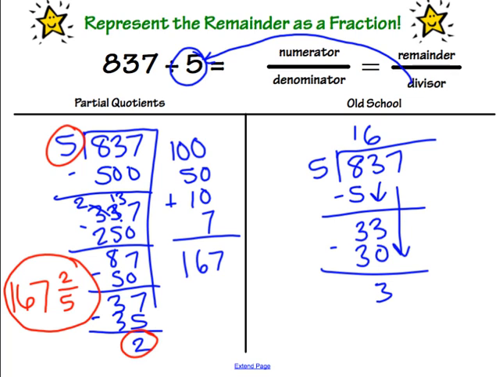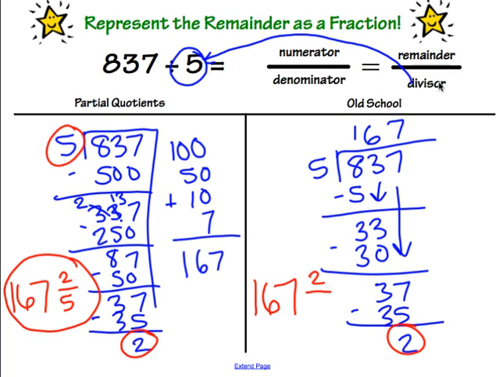Bring down. 5 goes into 37 7 times. 7 times 5 is 35. Subtract. And we have nothing left to bring down, and 5 does not go into 2. So again, we're going to write that whole number of 167. Our remainder is our numerator, and our divisor is our denominator, 167 and 2/5.